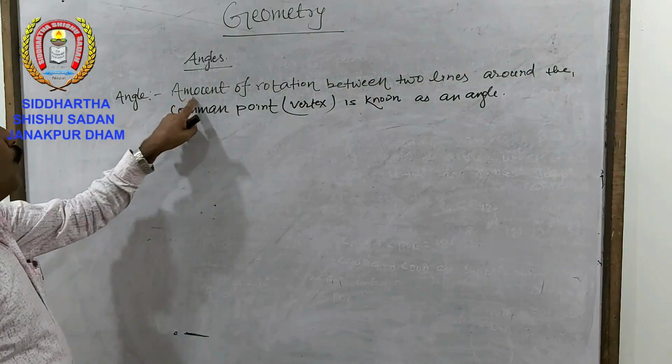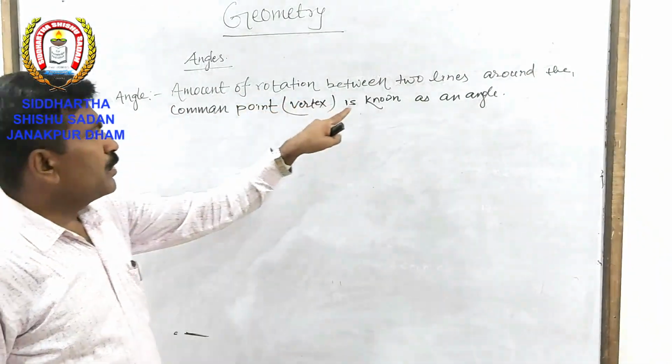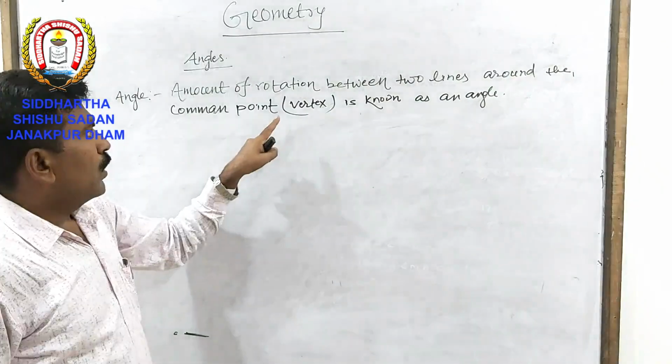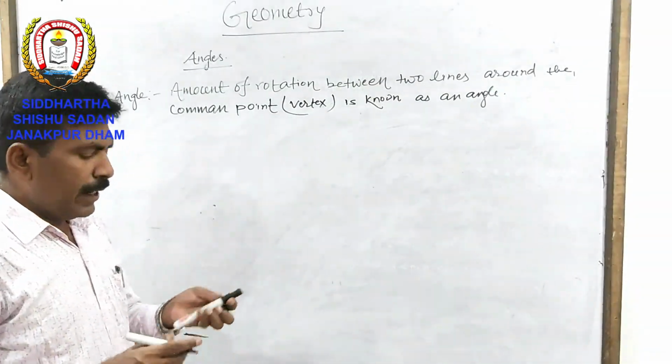Angle means amount of rotation between two lines around the common point or vertex is known as an angle.